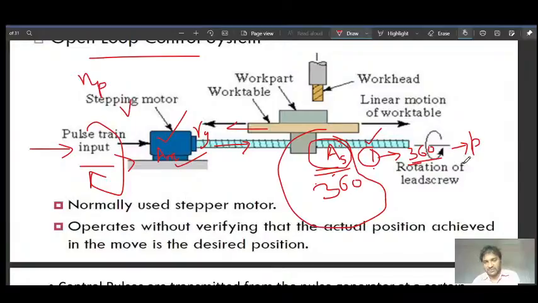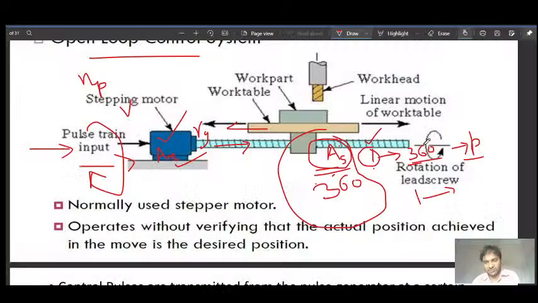And if we multiply with the pitch value, as we know in one turn the lead screw or table moves one pitch value, so multiplying the number of turns, As by 360 degrees, with p, we get the total distance moved by the table.